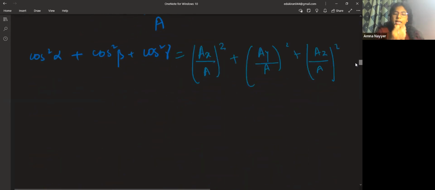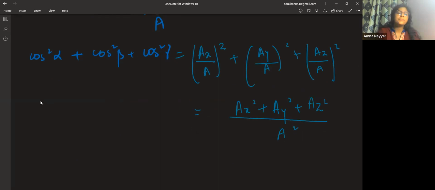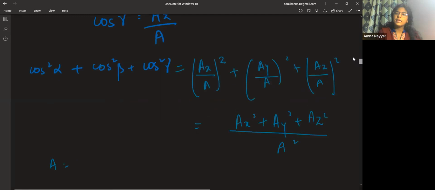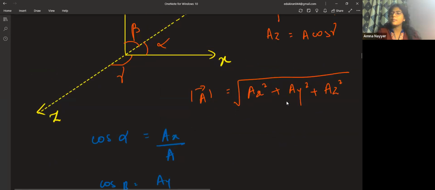So when you are squaring and adding it up, this is equal to ax square plus ay square plus az square divided by a square, right? See, what was a? A is under root ax square plus ay square plus az square. If I square both the terms, this will become a square and the root will be gone, right?